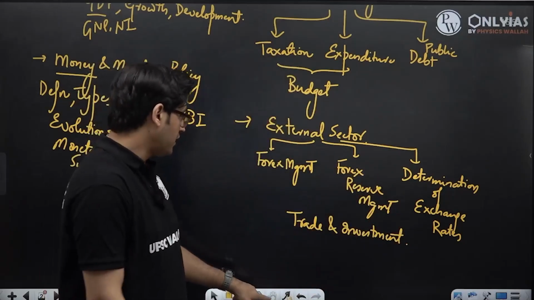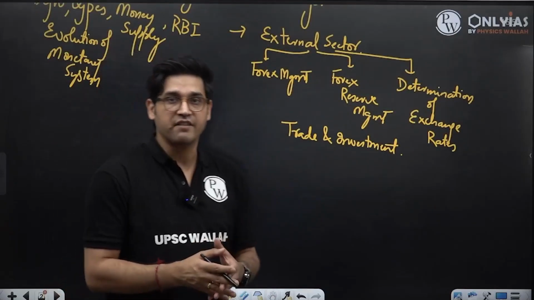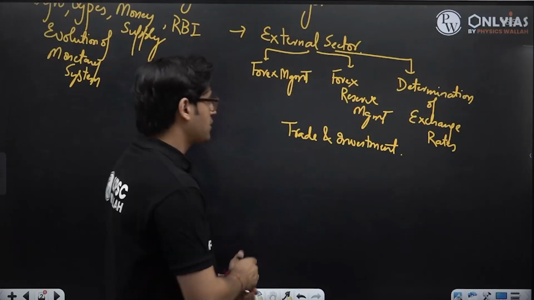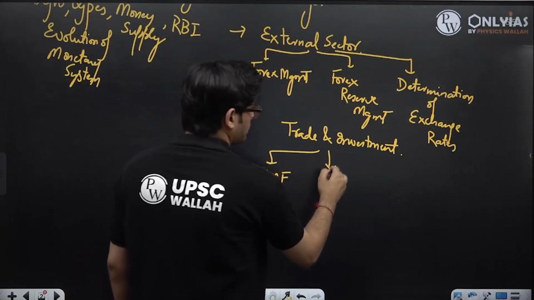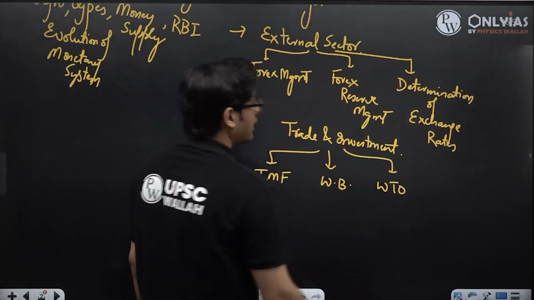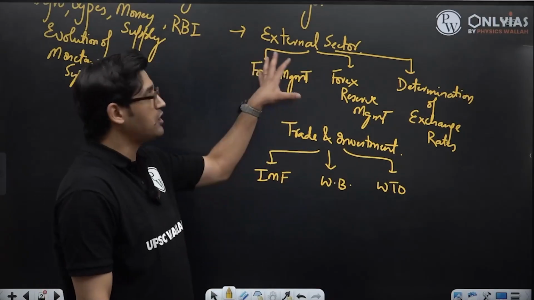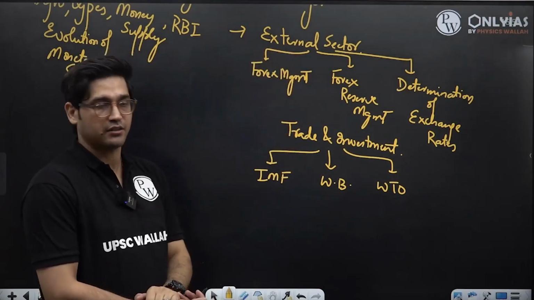Whenever you are discussing trade, we will definitely have to talk about some very, very important international organizations, which is that of IMF, World Bank, as well as the World Trade Organization. This will be the understanding part of the external sector.